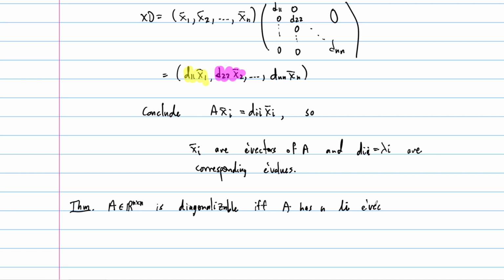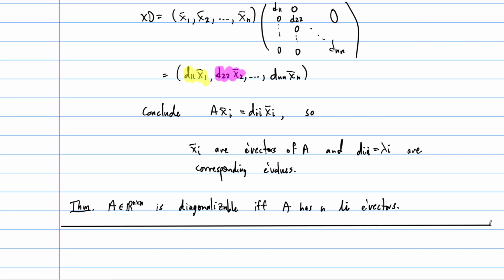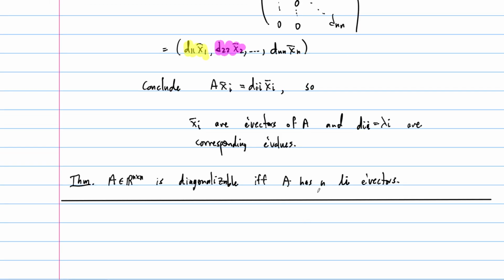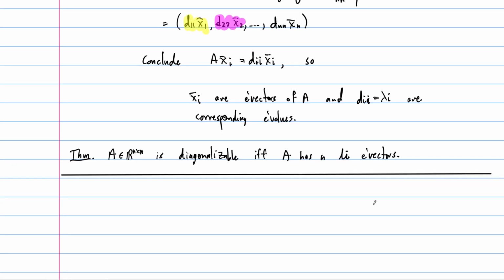So LI here means linearly independent. So in other words, if the union of all the eigenspaces is all of Rn. Maybe it's better to just say if and only if A has n linearly independent eigenvectors. All right? So we will take advantage of this as we move forward.